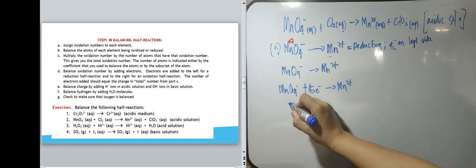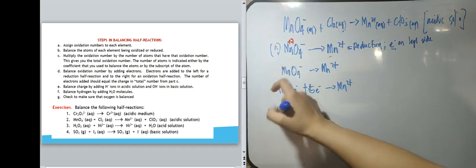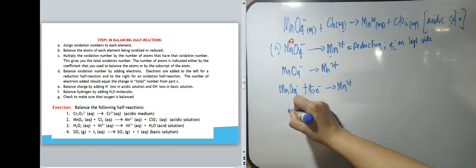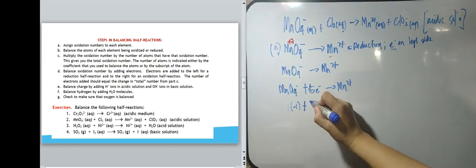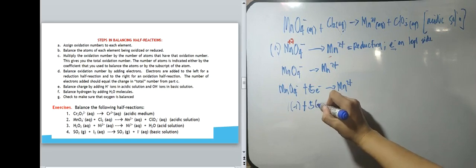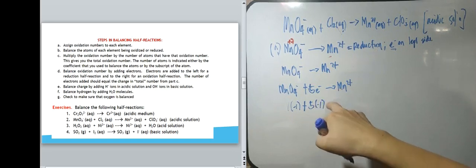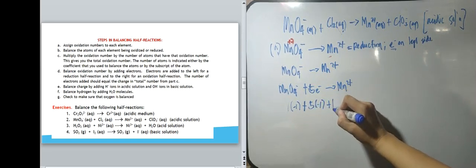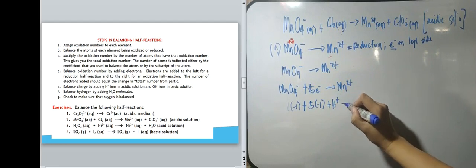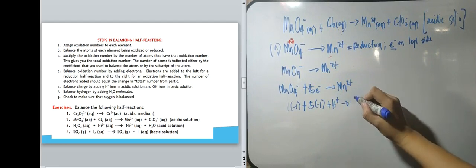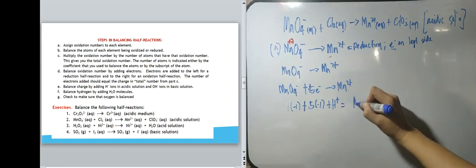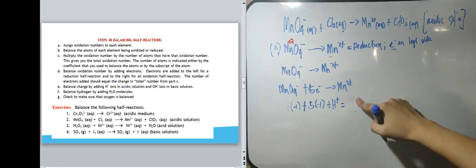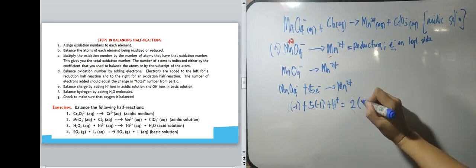We have here 1 times negative 1 plus 5 times negative 1, because the charge of an electron is negative 1, plus how many H will we add? The charge of Mn is 2, one Mn.